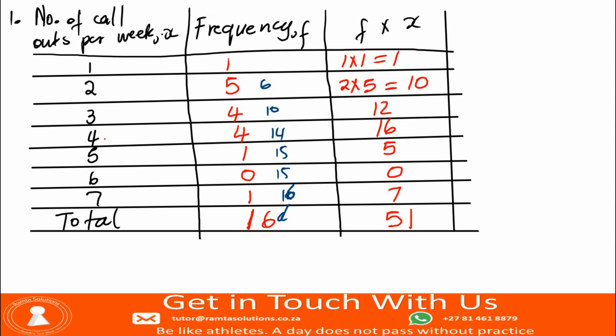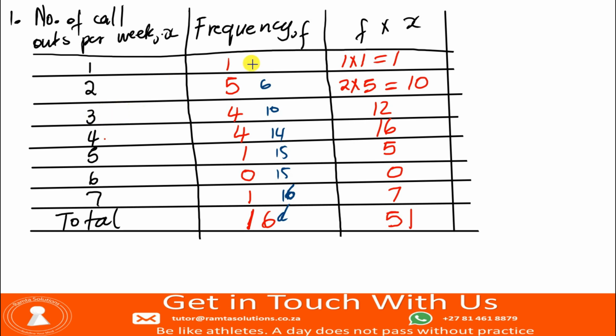So the data must lie between the 8th and the 9th. When you look at it, the 8th and the 9th value fall on the 3 callouts per week category.